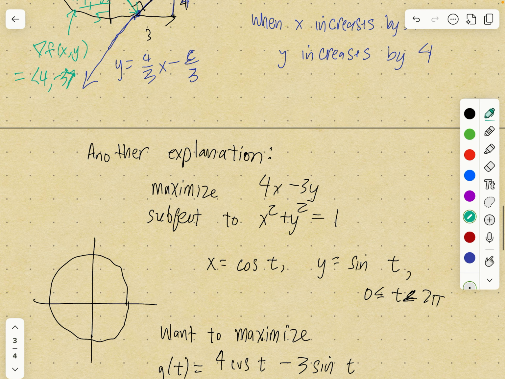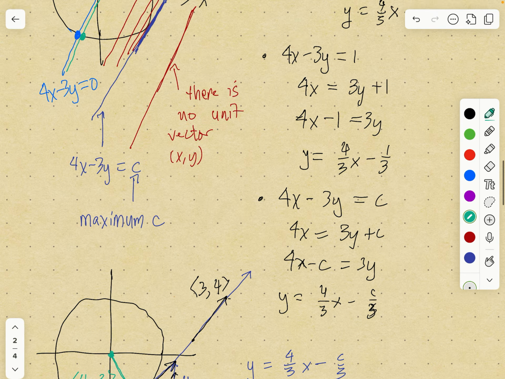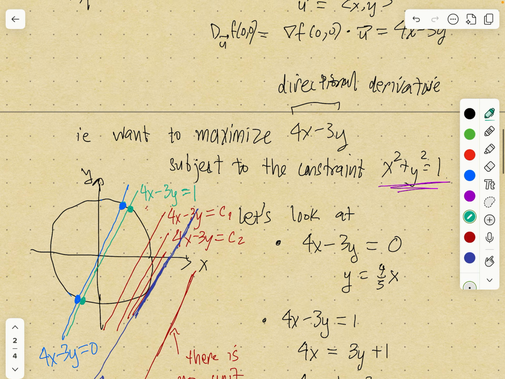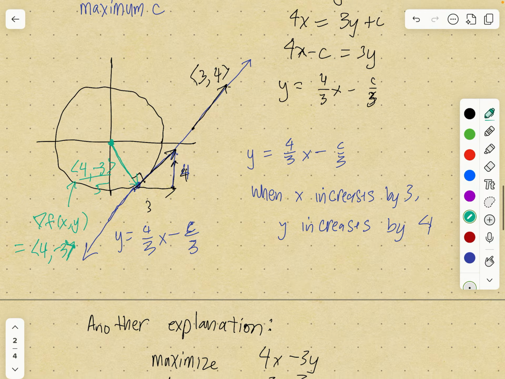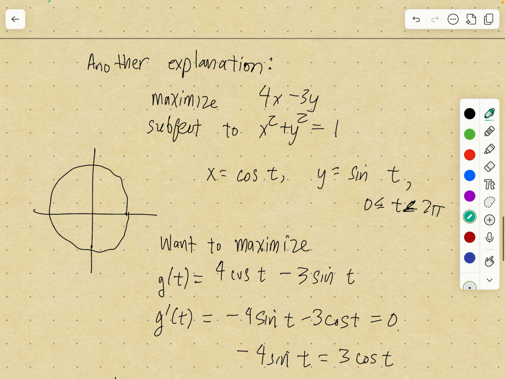But to see why the answer is what it is, we gave 2 additional arguments. One way is to use facts about lines and circles, and the other was to use Calc 1. In these 2 explanations, we didn't use any facts about the dot product, but I hope this gives you some more intuition about why it's true.